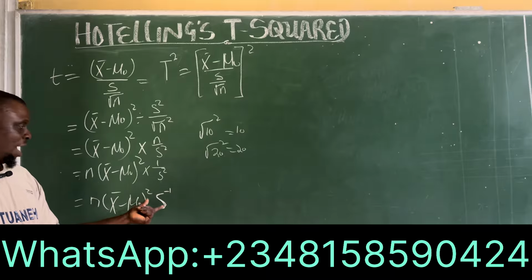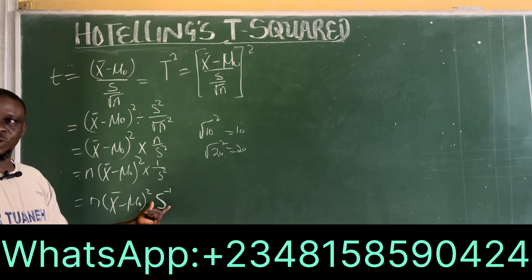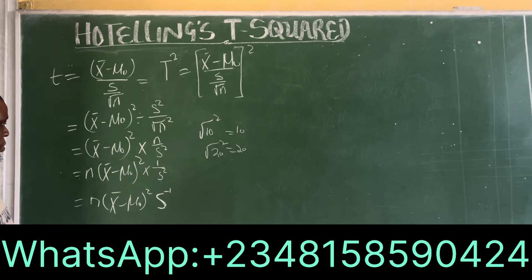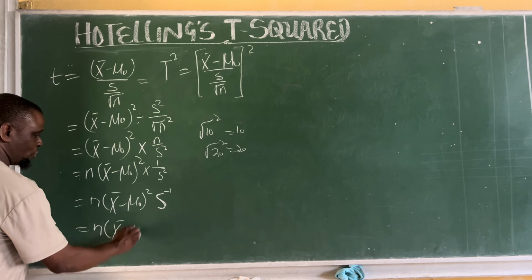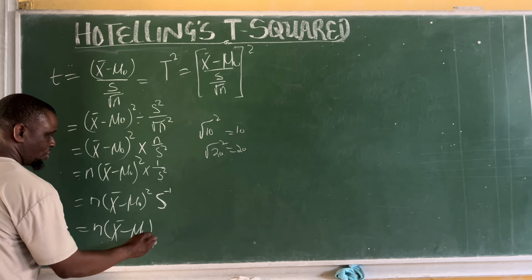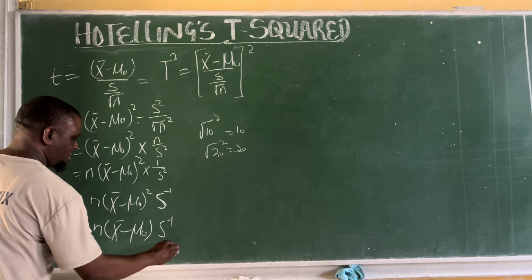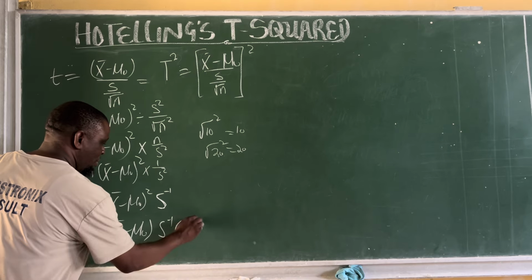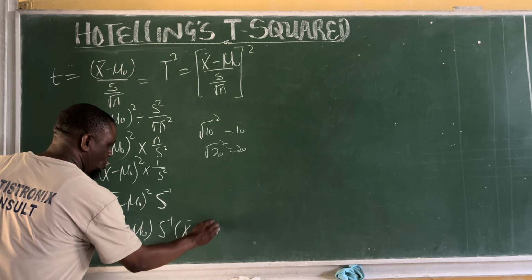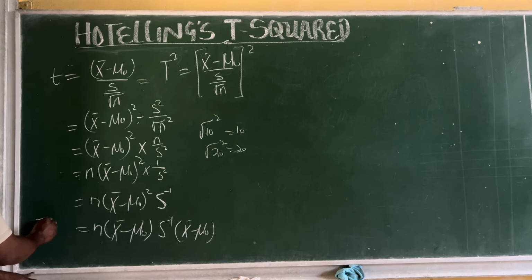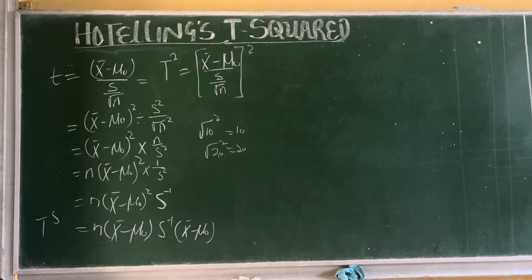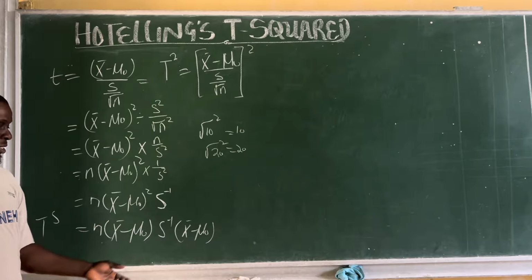And as it is, what we are considering is a matrix. So now because of this square, we can write this as N into X bar minus mu naught, then S inverse, then X bar minus mu naught again. Now this becomes the test statistic for our Hotelling's T squared.